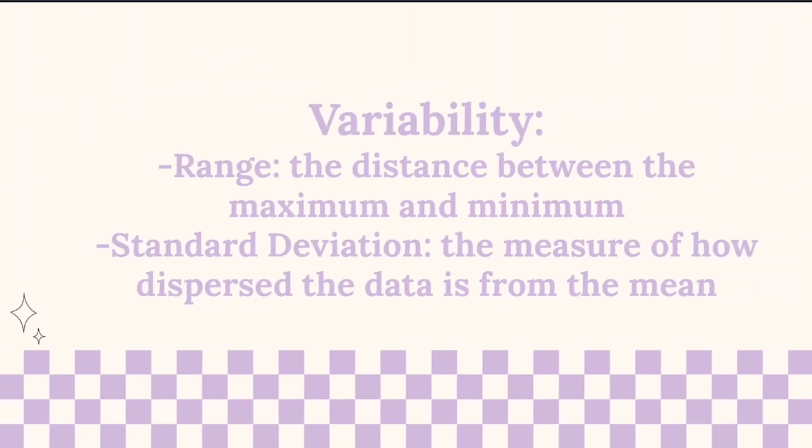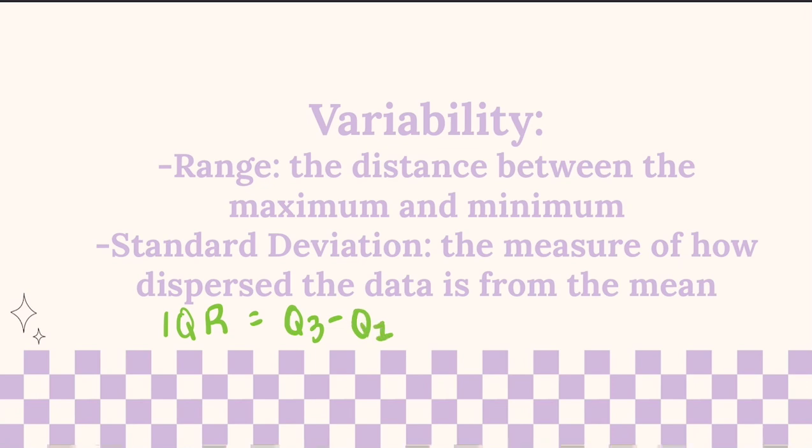And then for variability, we talk about range or standard deviation. The range is the distance between the maximum and minimum. You just take the maximum minus the minimum. I also forgot to put the IQR. The IQR is Q3 minus Q1, and that's the interquartile range.